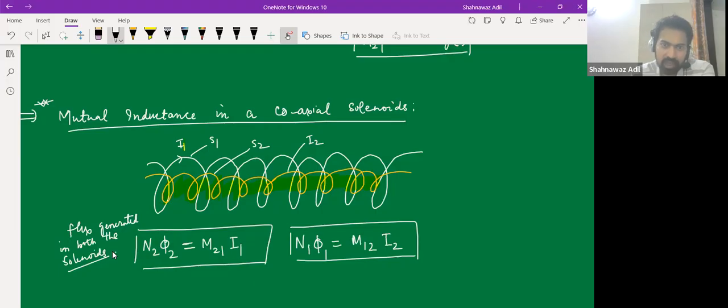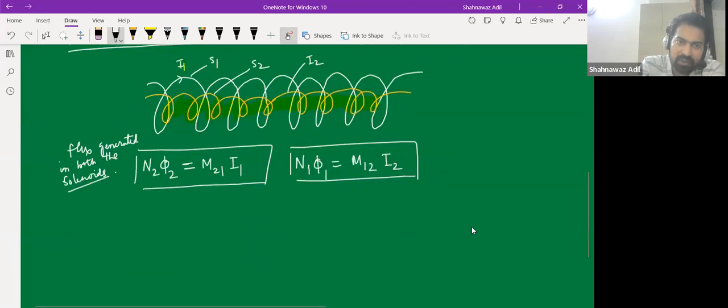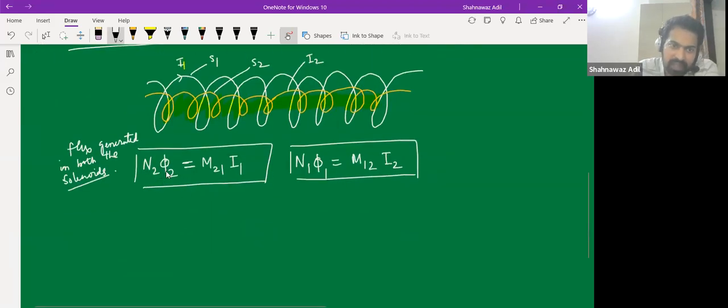Yes, sir. Okay. So now we have to calculate the flux through this second solenoid. My voice is cracking. Am I audible clearly now?